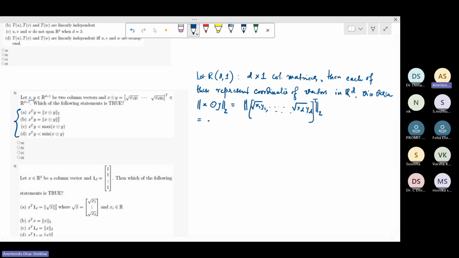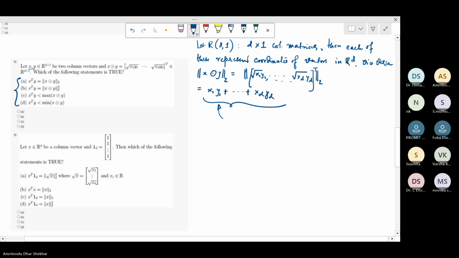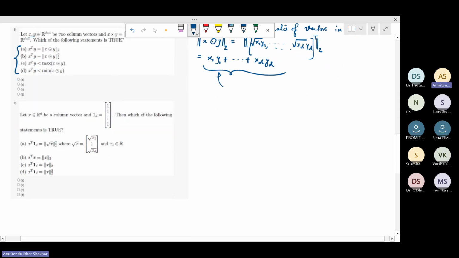So that is equal to, of course, x11. And it's clear what this is. This is the inner product. So it should be answerable. Now looking at this problem, the ninth problem.